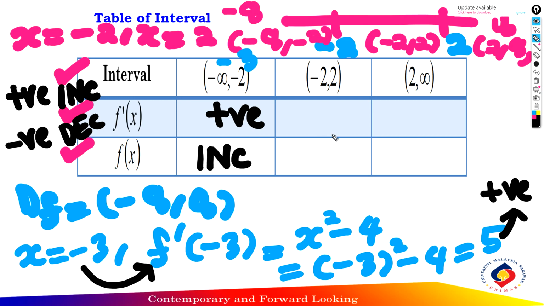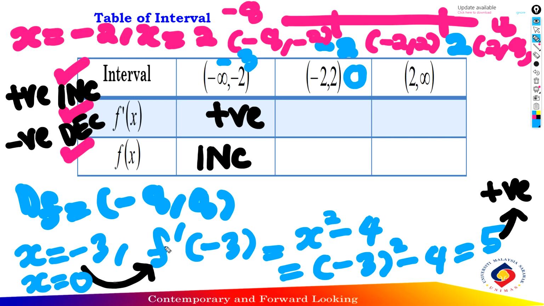Yeah, and the second value, when x is between negative 2 and 2, maybe here you pick x equal to 0. And then x equal to 0, you substitute into the first derivative.